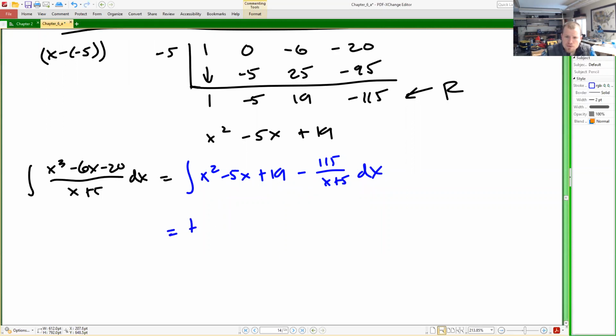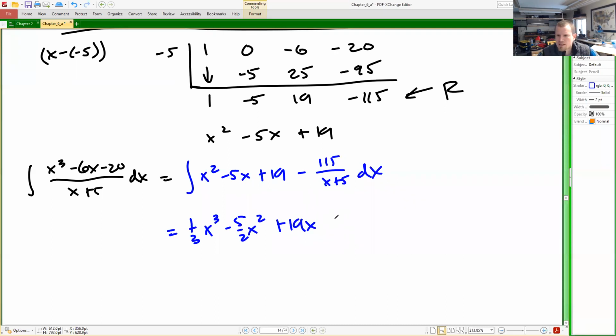Integral of x squared is 1/3 x cubed. Integral of negative 5x is negative 5/2 x squared. Integral of 19 is 19x. Integral of 115 over x plus 5, this is negative 115 times 1 over x plus 5.